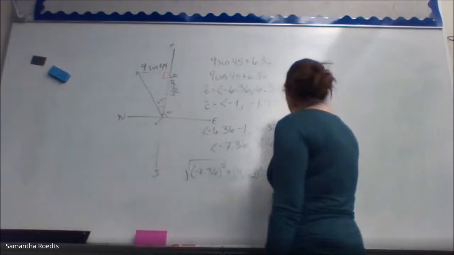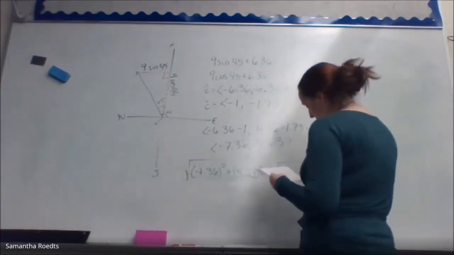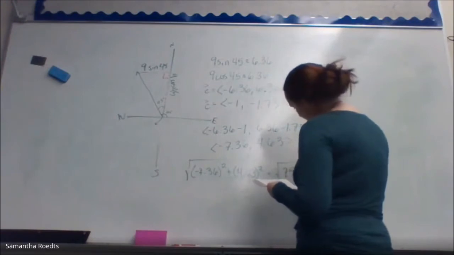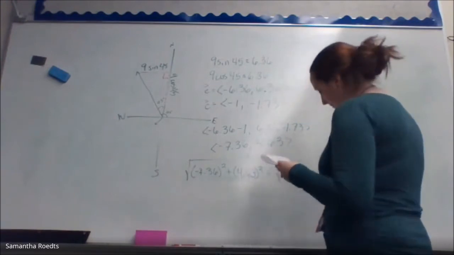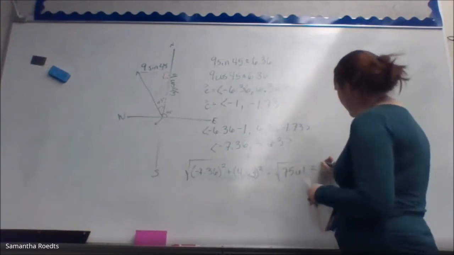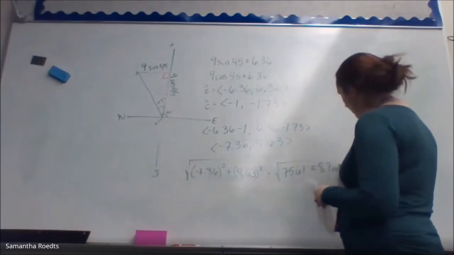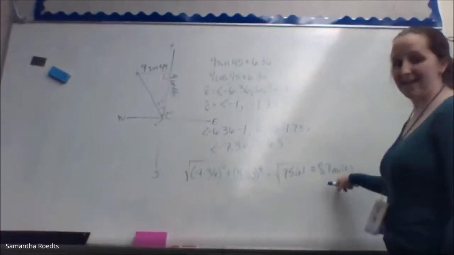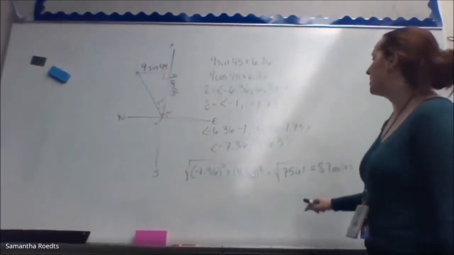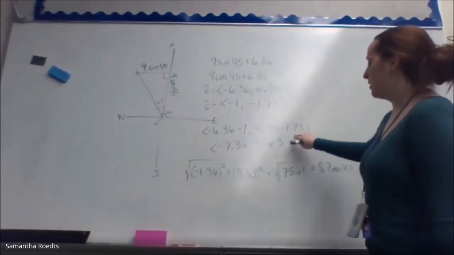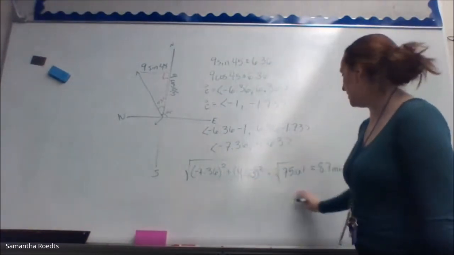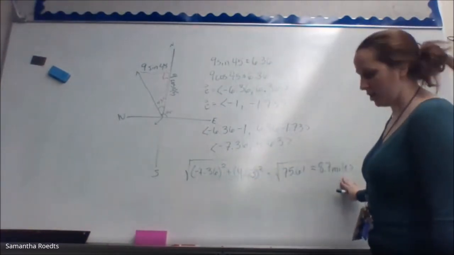That gives me the square root of 75.61, which is approximately 8.7 miles. That's my magnitude, so 8.7 miles. So I found my components, I squared these, square rooted it, which gives me my magnitude.